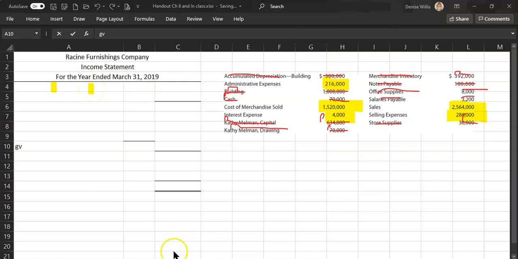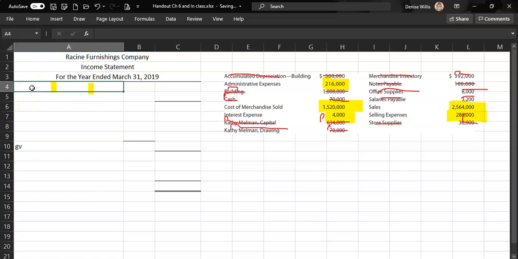We're going to start filling in things that we need. We have right here, we're going to put our sales amount, and sales are 2564 zeros. Now the next thing we're going to do is put the cost of merchandise sold.